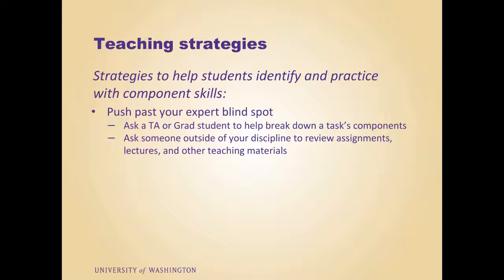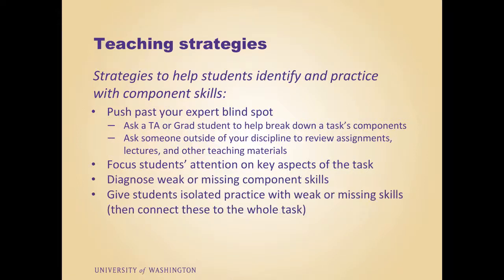Another way is to ask someone outside of the discipline to review materials and see where key component skills might be missing for students. Once we've identified key component skills, we can bring them to students' attention and help them practice. We can diagnose students' weak or missing component skills and, when possible, give them isolated practice with the weak or missing skills, then connect that practice to the context of the whole task.